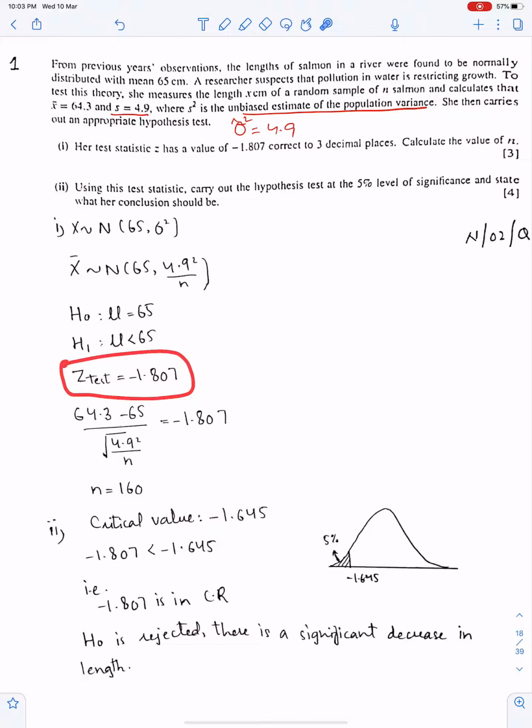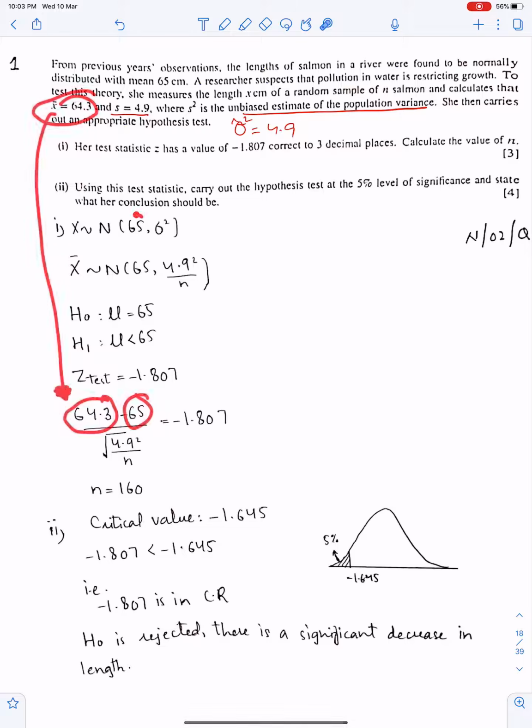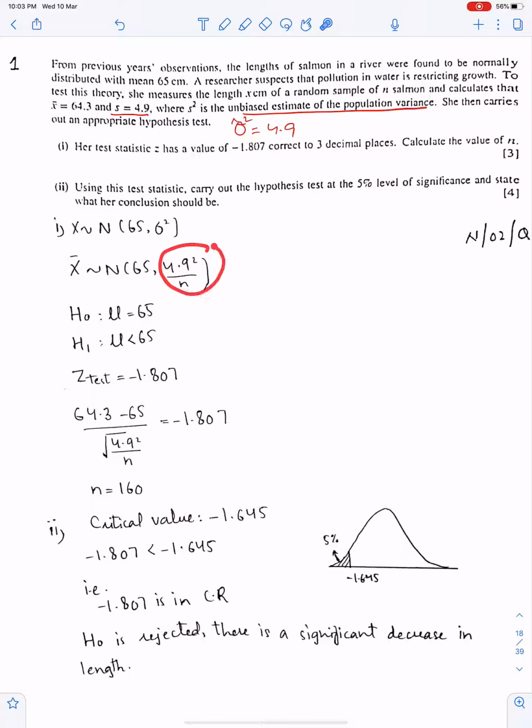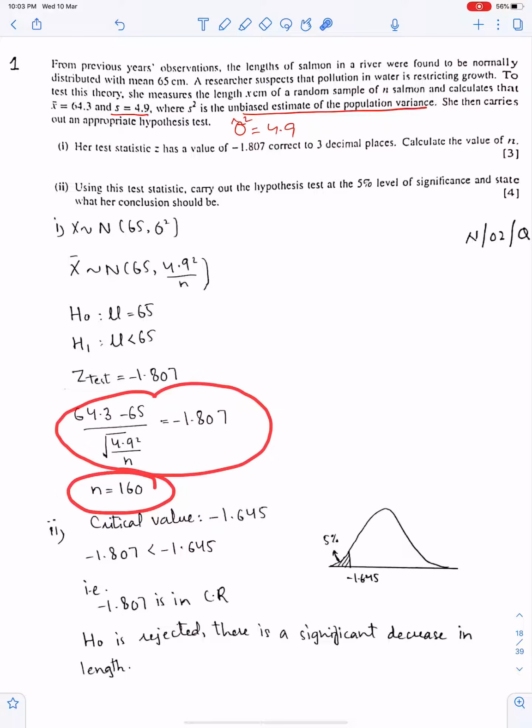Z-test is equal to z-critical, and this is the test value, 64.3. The sample mean is the test value in normal distribution. This is 65, it's here. And 4.9 squared upon n is here. When you solve this equation, you will get the value of n.